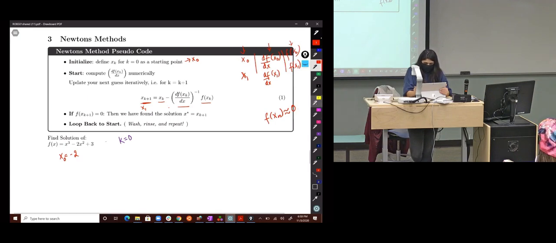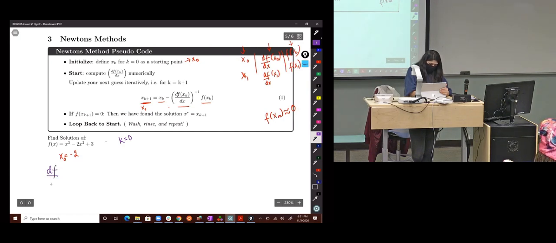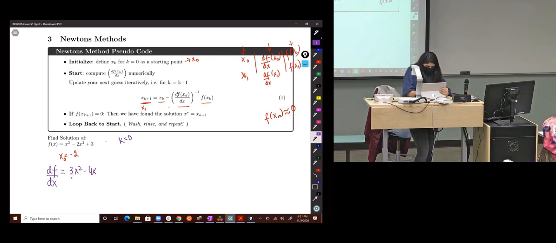Next, we're going to cheat a little bit, and instead of computing the gradient numerically, let's compute the gradient analytically. For df by dx, if we know differentiation, that's 3x squared minus 4x, and this is at any x. So we're going to build a table like we did for homework, I think.